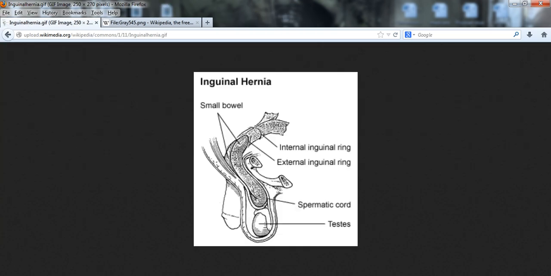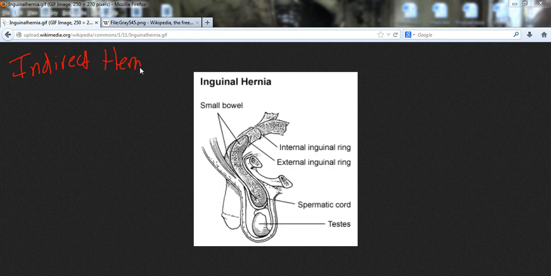Next, let's take a look at another type of hernia. Let me get this all kind of situated. We'll be taking a look at indirect hernias. Okay, so let's take a look at an indirect hernia. This is where bowel goes through your deep inguinal ring. Remember, we've already talked about the deep inguinal ring. The transversalis fascia is going to create that.